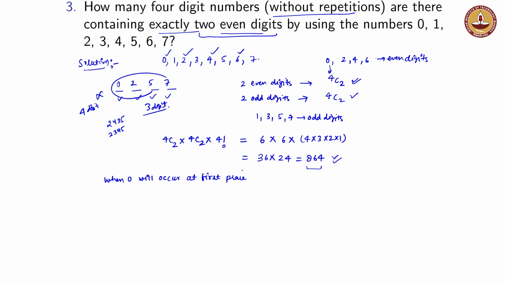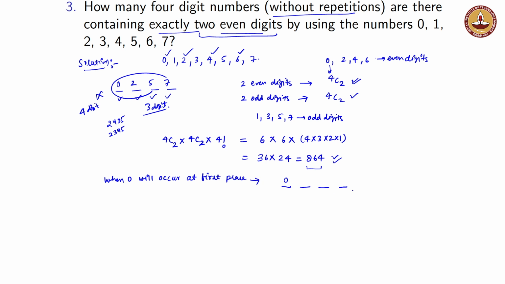So we have to subtract those cases, and then we will get the four digit numbers in which there will be exactly two even digits. So suppose we have a total of four. Suppose 0 is fixed already. We are going to consider this case where 0 is fixed there.